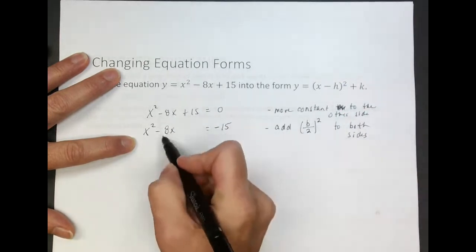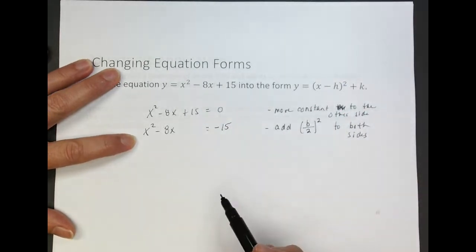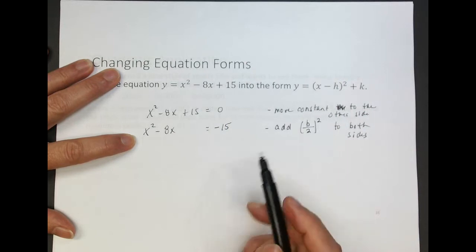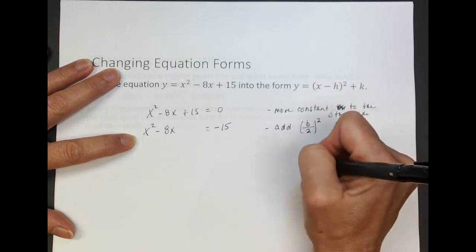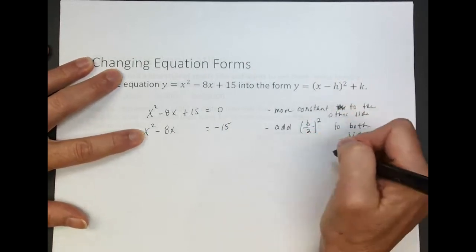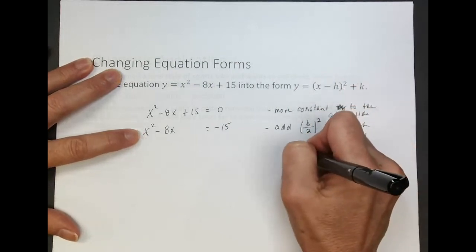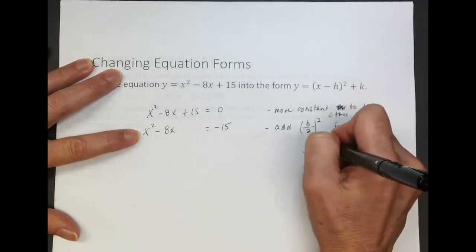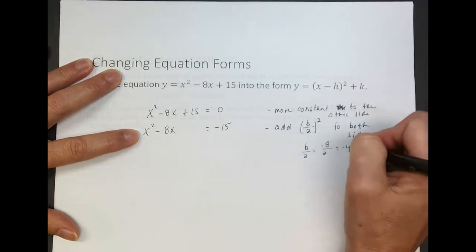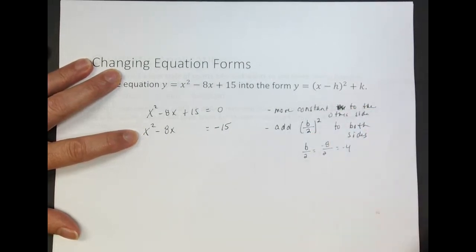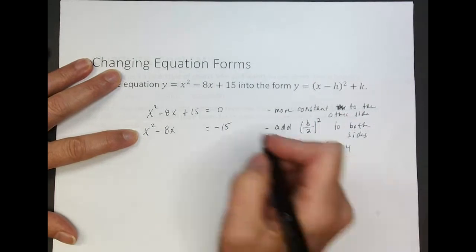Okay, so here's the b. What is that b over 2 squared? Right, well, that's going to be negative 8 over 2 squared. Let's just write that. So b over 2, negative 8 over 2, it's negative 4, so 4 squared. So I want to add 16 to both sides.